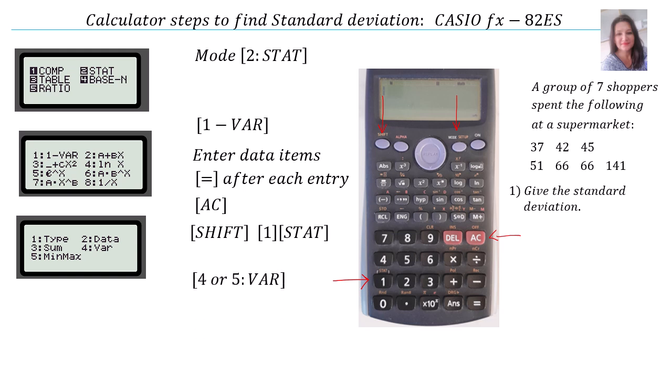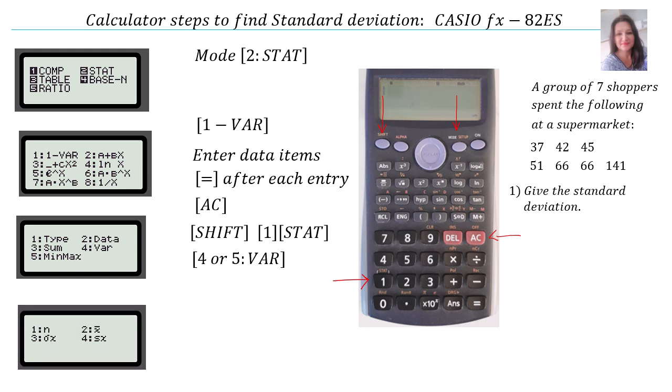Then we will choose number 5, var, and we are looking for the standard deviation. Then you will see this screen, and now you will choose number 3, the one that has the standard deviation symbol, and equals, and then our answer is the standard deviation is 33.12.